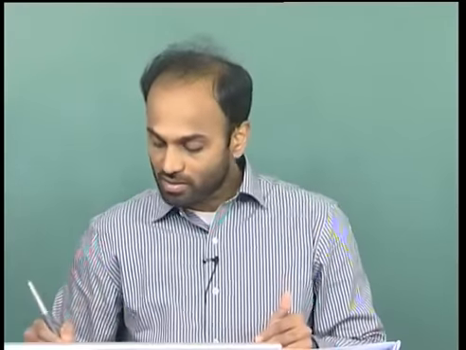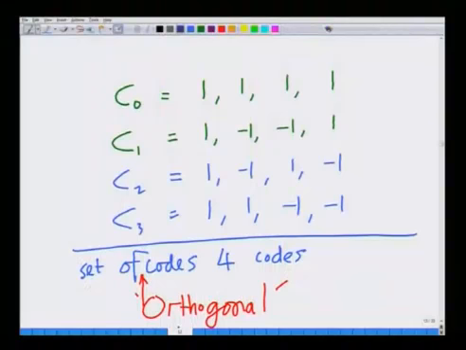So, the number of users that can multiplex this common channel is nothing but the number of orthogonal codes, and we have seen that the number of orthogonal codes corresponding to length 4 is nothing but 4.